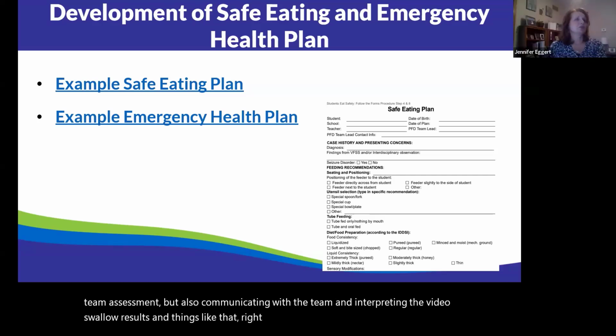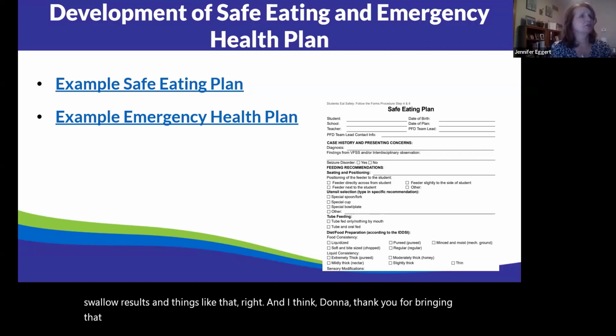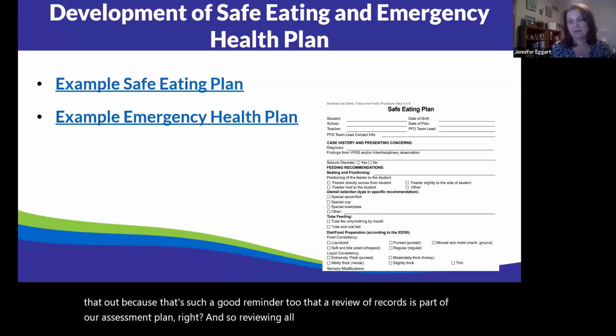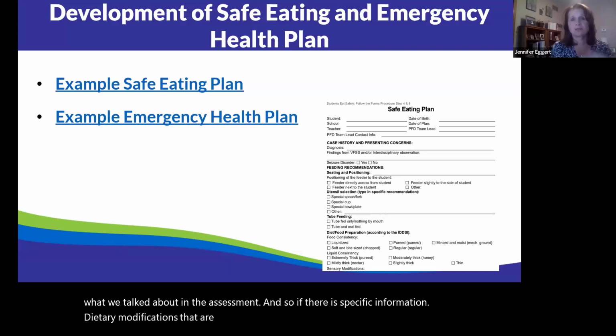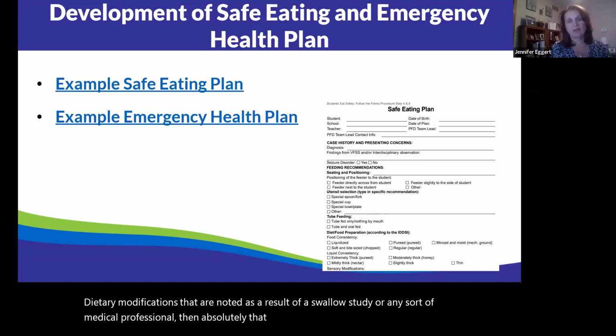Right. And Dawn, thank you for bringing that up, because that's such a good reminder that a review of records is part of our assessment plan. So reviewing all of those medical records is part of what we talked about in the assessment. If there is specific information and dietary modifications noted as a result of a swallow study or any medical professional, then absolutely that information comes from there.